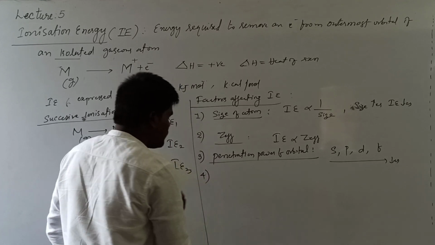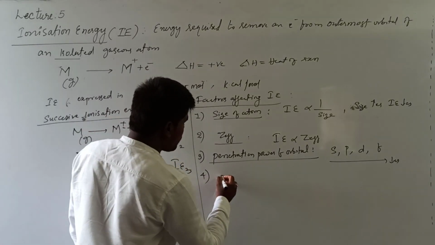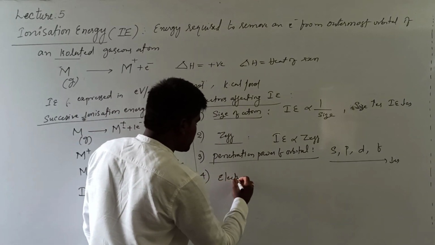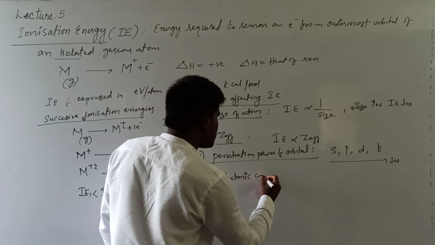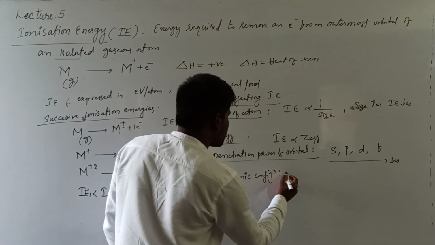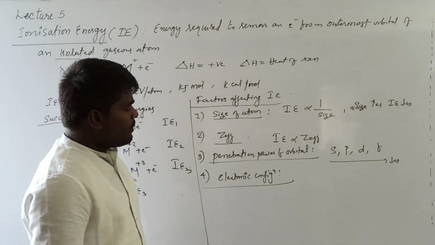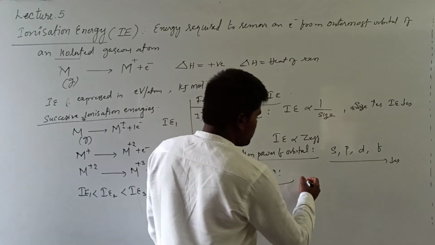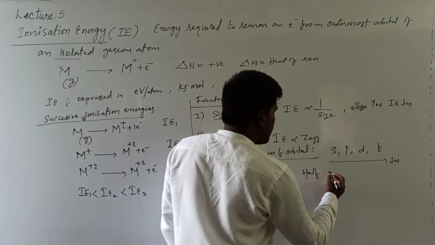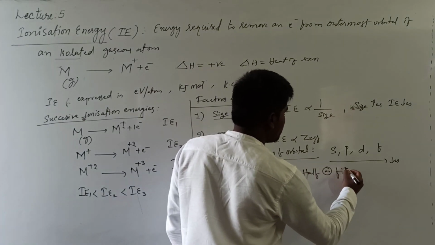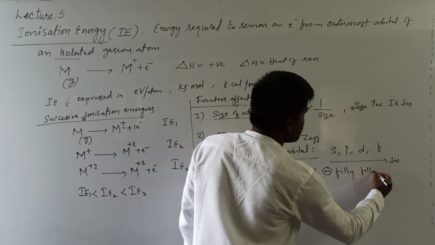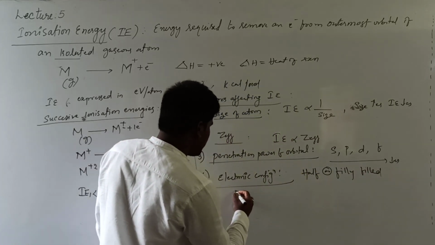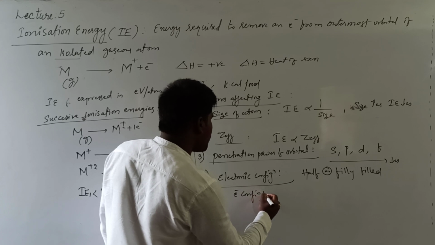Right? Now the next factor is electronic configuration. What is the next factor we can say? Electronic configuration is also one of the factors which influences the ionization energy. Generally, half-filled or fully filled electronic configurations are more stable.